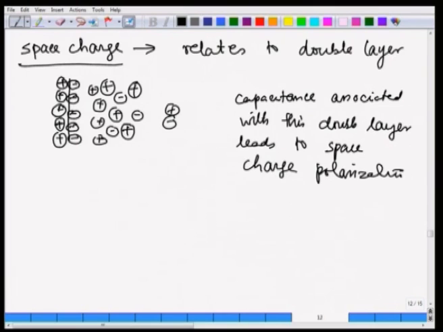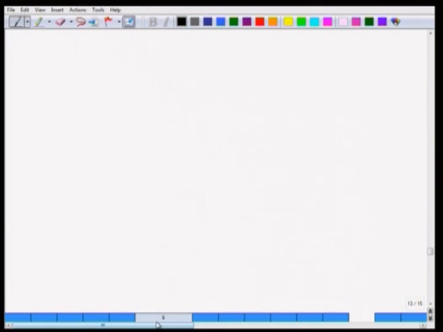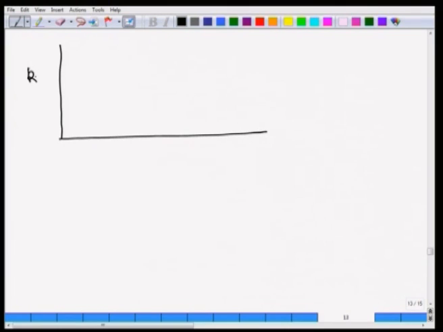Finally, let me show you how this looks if I plot K prime, the dielectric constant, versus frequency. Let us say this axis is 10 to the power 0, 10 to the power 2, 10 to the power 4, 10 to the power 6, 10 to the power 8, 10 to the power 10, on a log scale, up to 10 to the power 16.